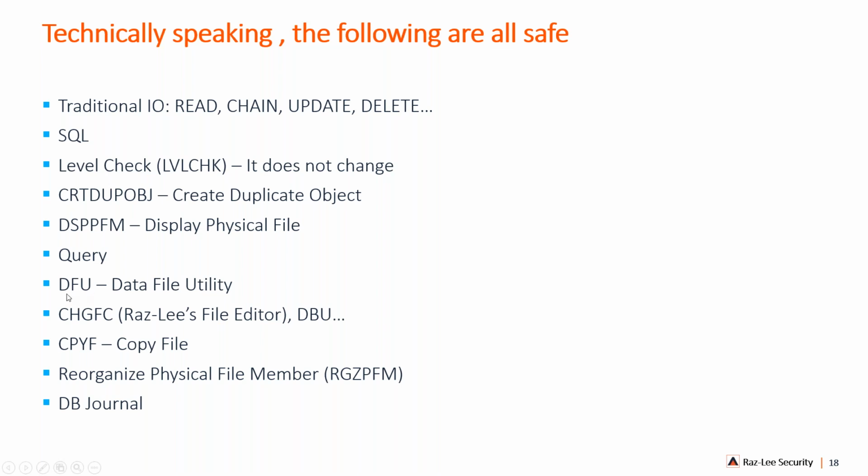And yes, even under DFU or any file editor, should it be our file editor, the Change FC, which is part of the file scope, or DBU, or any other file editor, in no way will anyone get to see more than is allowed.